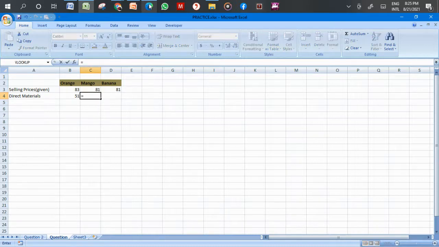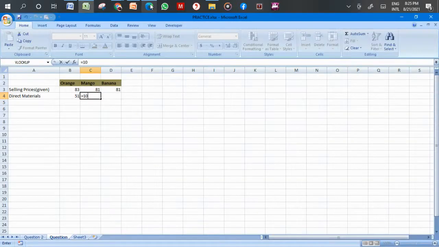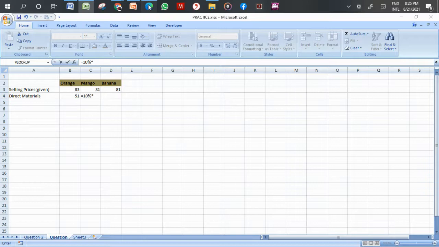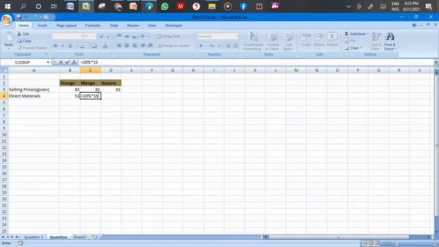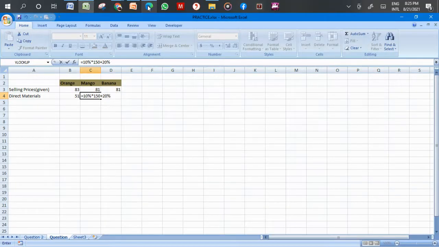We do the same thing for mango: 10% of 150, plus what percentage? 20% of what? Of 60, plus how many percentage? 10% of 120 plus 60% of 10.